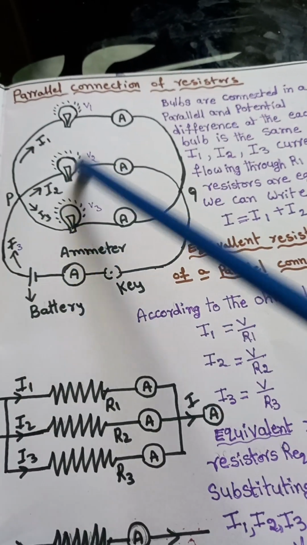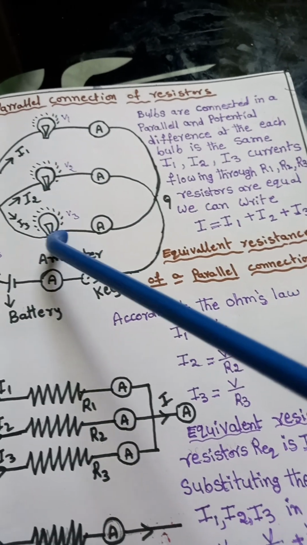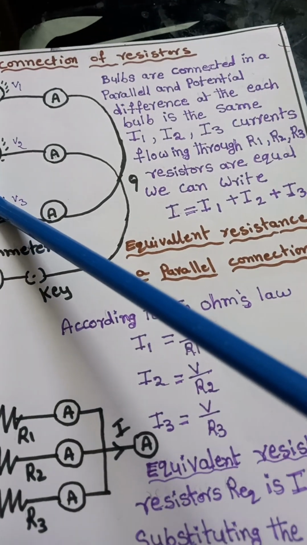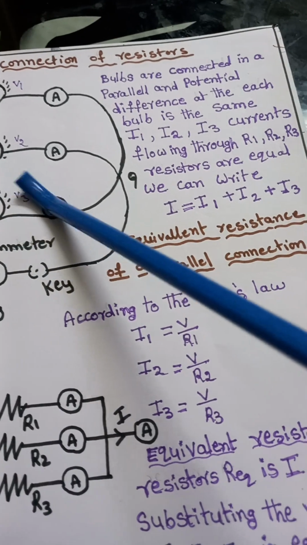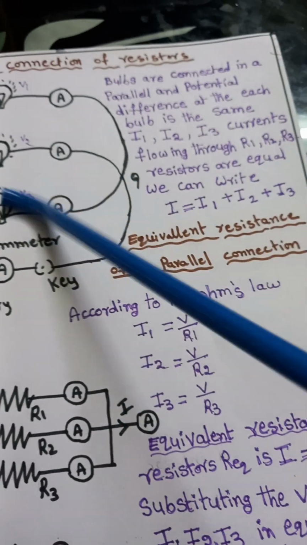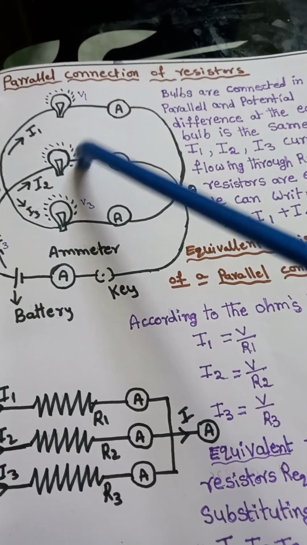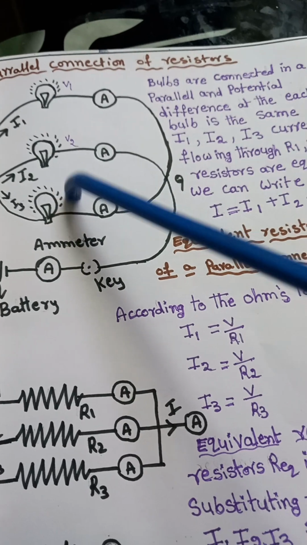Here also the bulbs have resistances shown as R1, R2, R3, and potential differences V1, V2, V3.